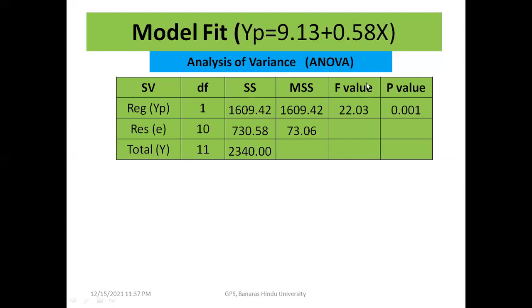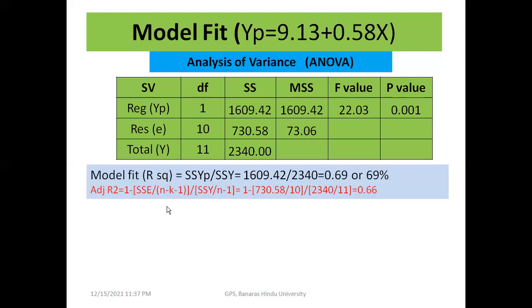Now after this we calculate the F value, which is calculated by dividing the mean sum of square of regression by the mean sum of square of residual. If this value is very large, we say that the regression is significant. And we calculate the p value for this one, and it is 0.001.